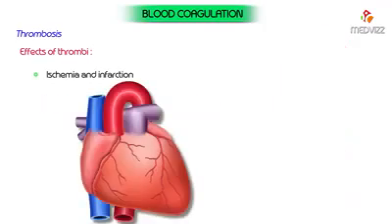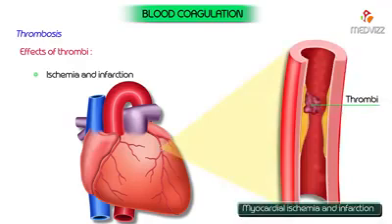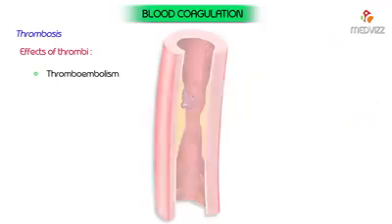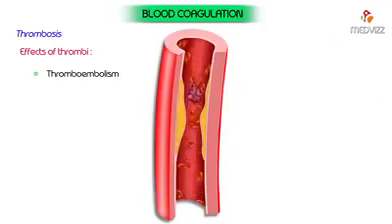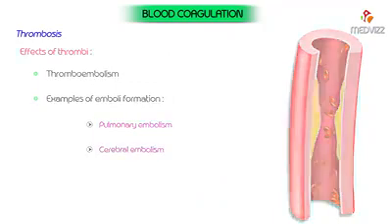For example, thrombus formation in the coronary arteries may cause myocardial ischemia and infarction. Thromboembolism. The thrombus or its part may get dislodged and carried along in the bloodstream as an embolus to lodge in a distant vessel. Examples of emboli formation are pulmonary embolism and cerebral embolism.